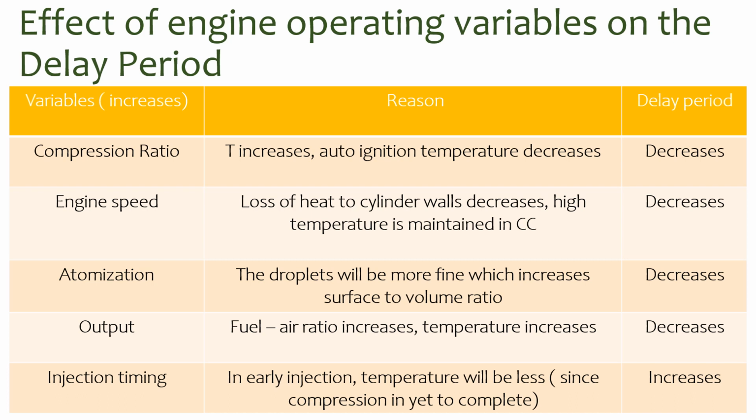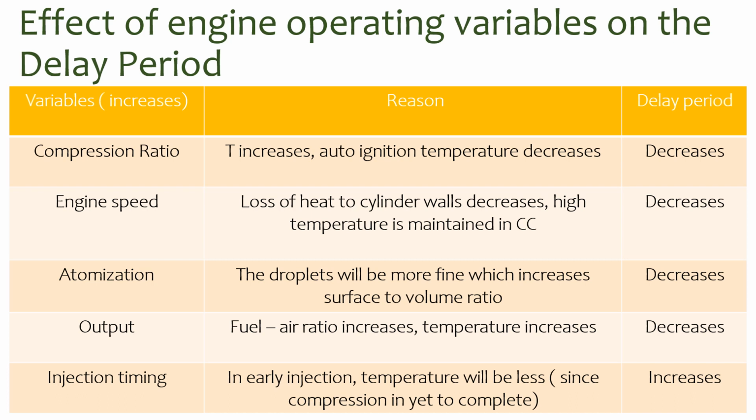Now atomization: the droplets will be finer, which increases the surface to volume ratio, and that also will decrease the delay period. When the fuel air ratio increases, the temperature increases, that will decrease the delay period.